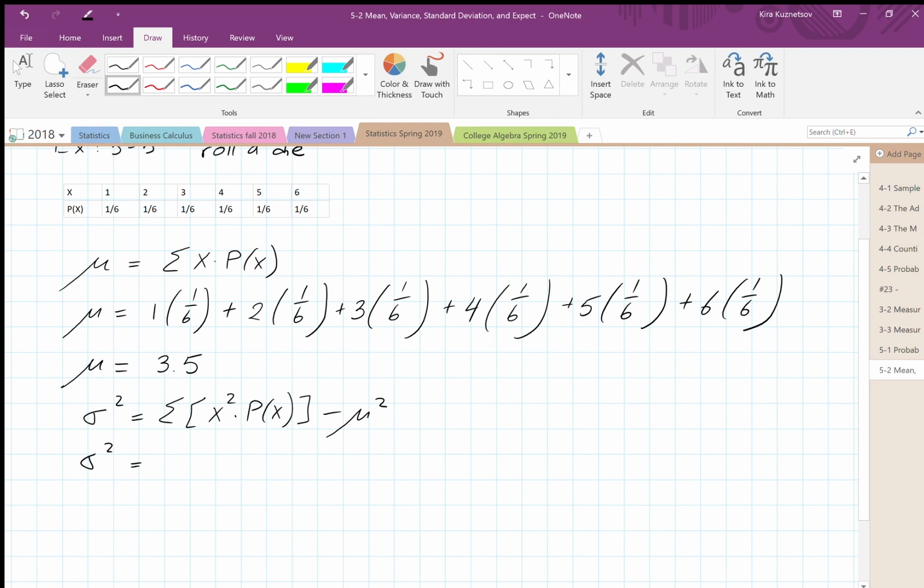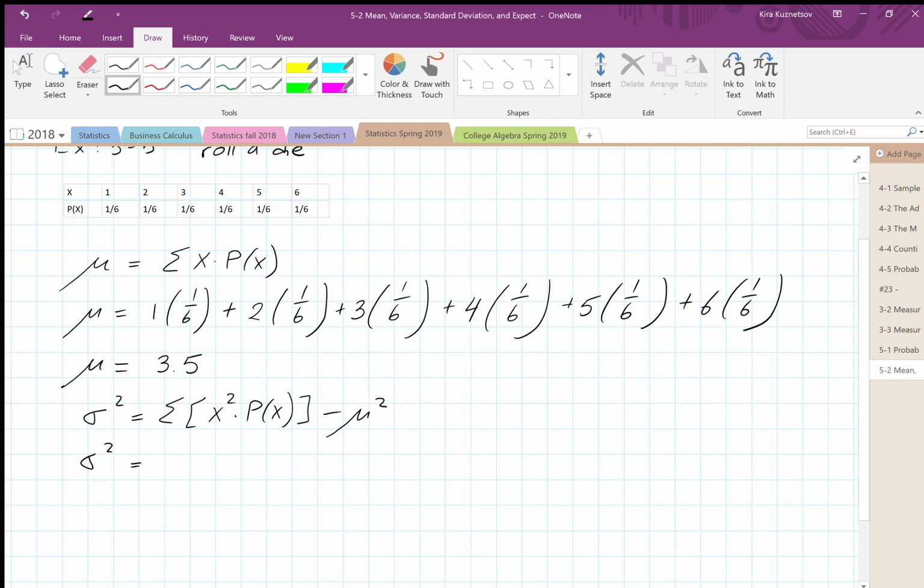So mu and sigma are appropriate letters to use rather than a sample mean and a sample standard deviation. So going back to variance, sigma squared is given to me.